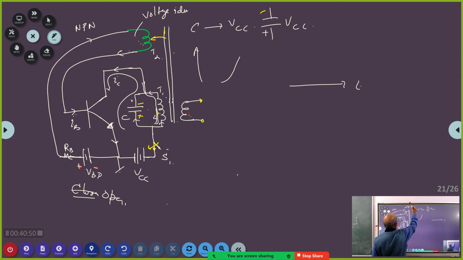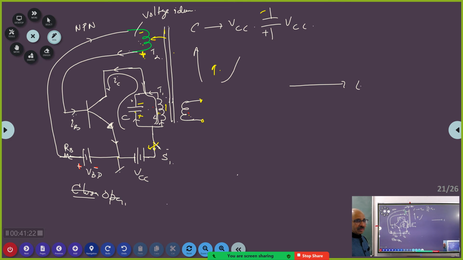Transformer action. Now the winding is such that as the current is increasing here, this becomes more positive than this. That is how the winding is made. You can wind either like this or like this.